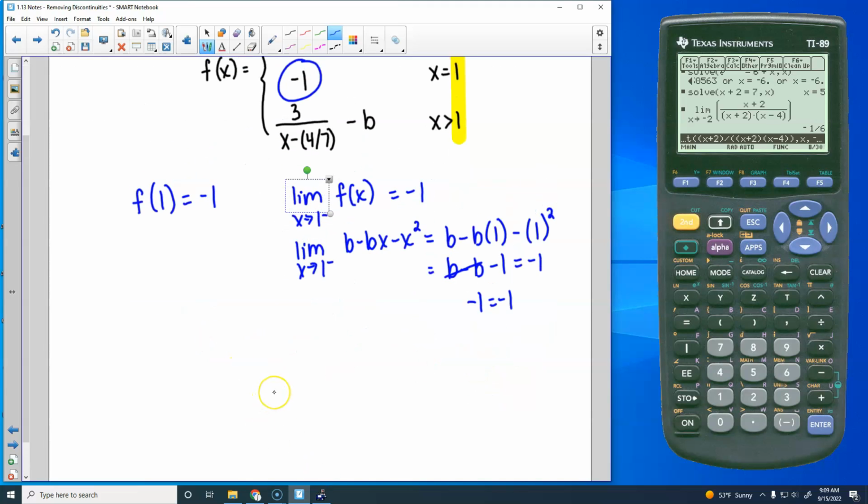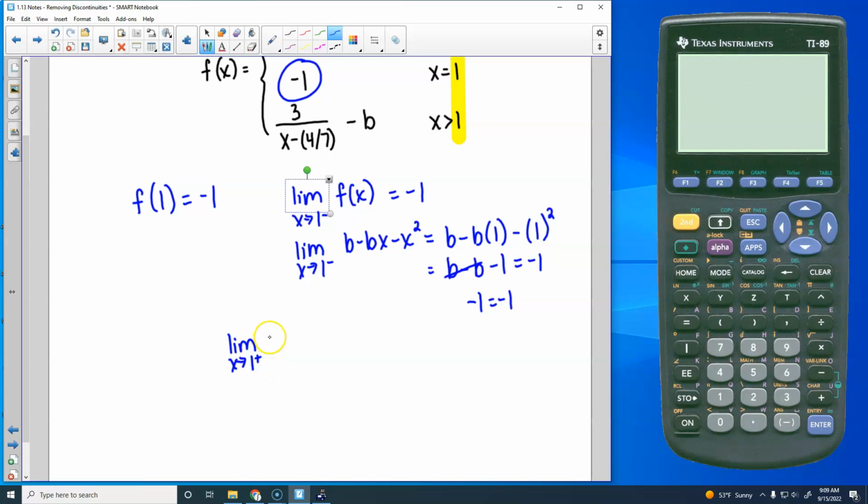Okay, so if we do the limit as x approaches 1 from the right of f of x equals -1, that would be the limit as x approaches 1 from the right of 3 over x minus 4/7 minus b.